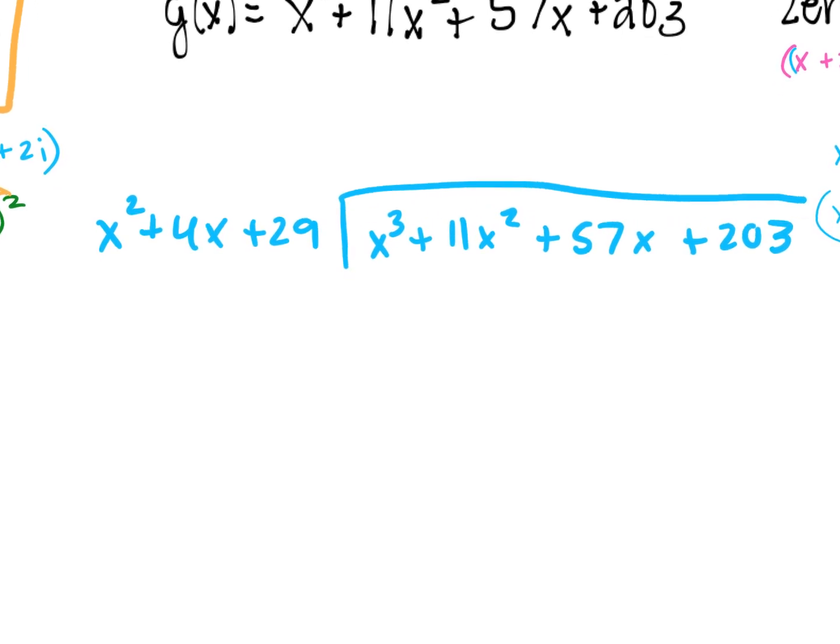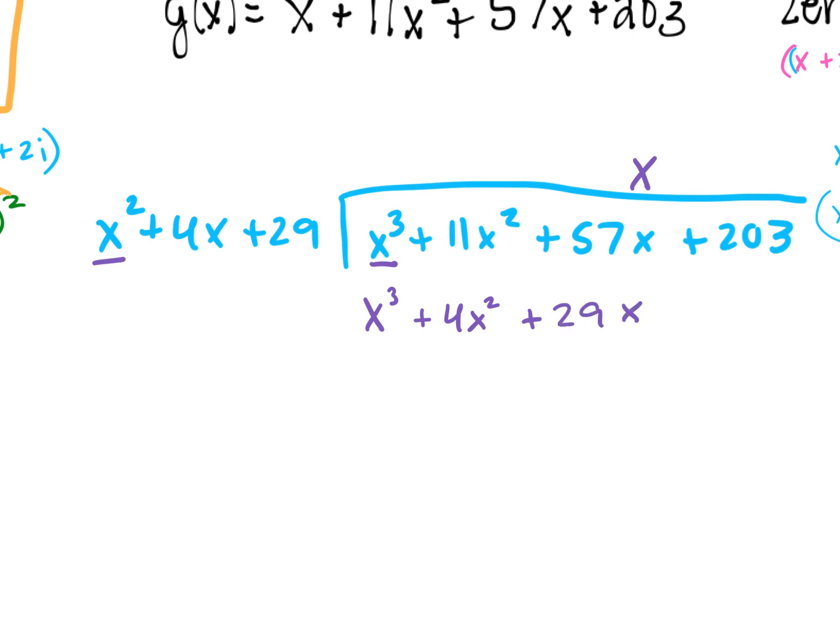So step 1 of long division is divide. x cubed divided by x squared, x. Step 2 of long division, multiply x times everything out front, so x cubed plus 4x squared plus 29x.